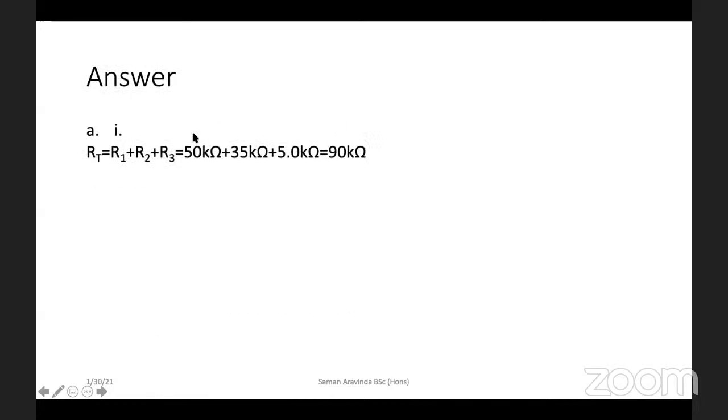What is it? See if you get this answer. So total current is 6.66 into 10 to the power minus 5 amperes, isn't it?